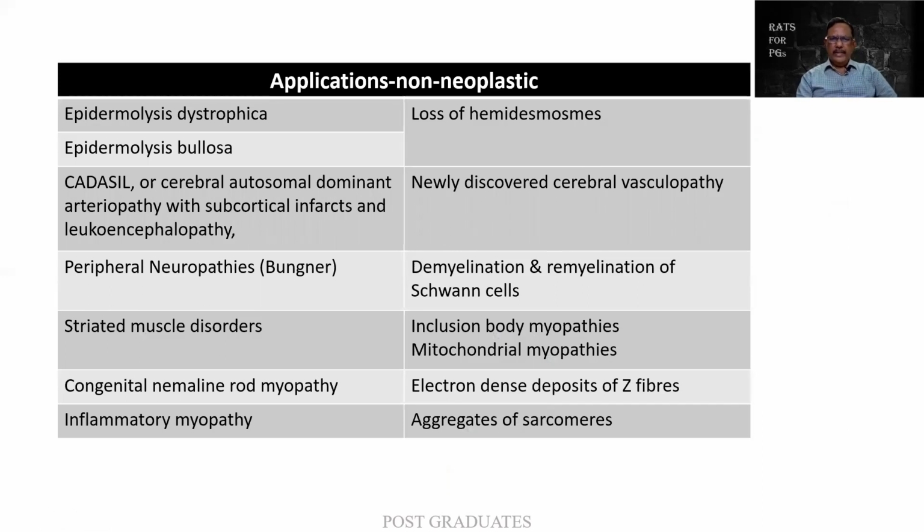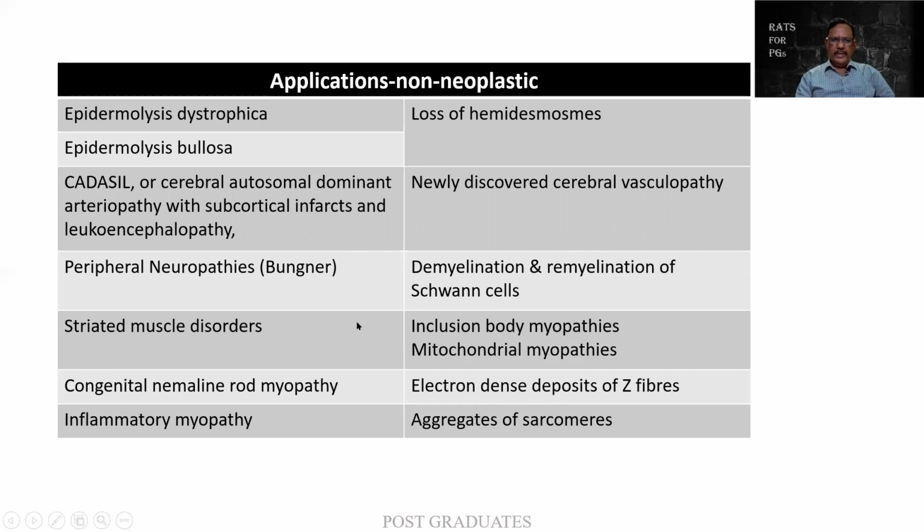There are some applications of non-neoplastic and some of them are dermatological. I would like you people to kindly refer if you need. The peripheral neuropathy, Bugner, this person, he has done a lot of work in neuropathology, such as demyelination, remyelination of the Schwann cells, so on and so forth.